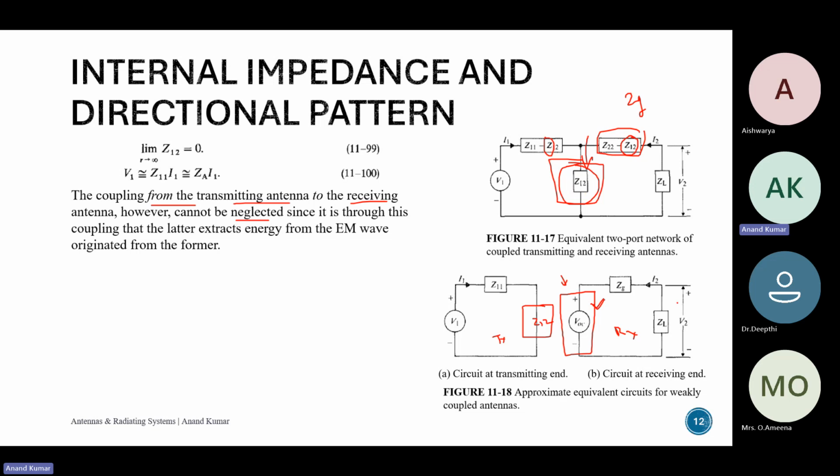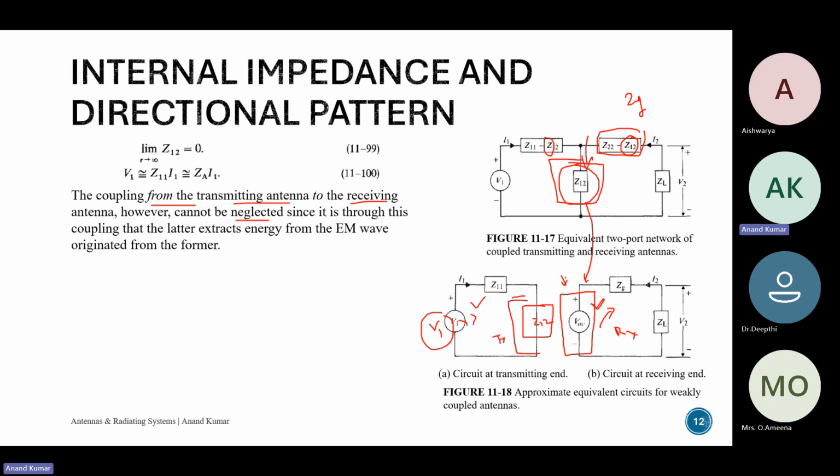We have replaced this Z12 by some open circuit voltage, and this voltage is very small, but it is what drives this circuit, so we cannot just make it completely zero. But compared to the transmitter case, where we have V1, which is significantly larger than this voltage, we will ignore that.